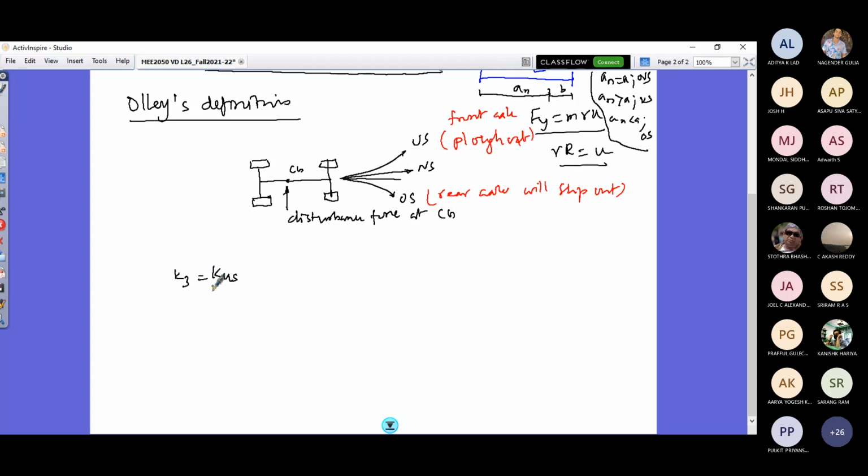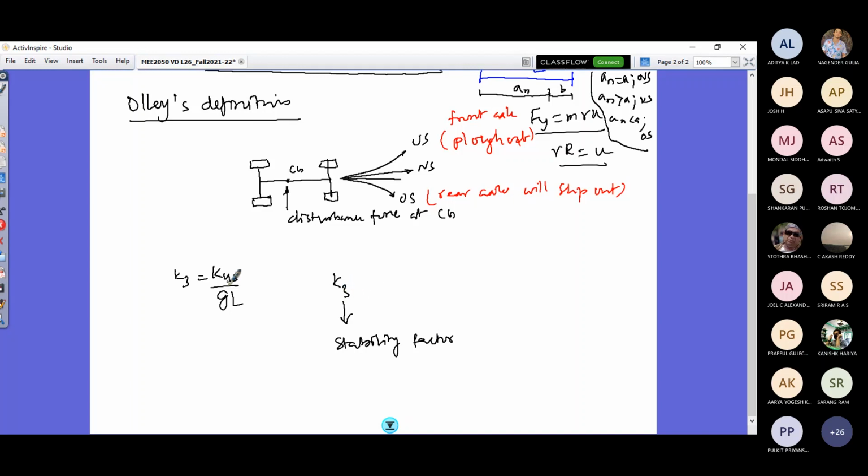K3 equals KUS by GL. You remember. So what is K3 called? Stability factor. We are yet to go and look at the stability of the vehicle. This is called the stability factor. You could see that the constant term in your characteristic polynomial was expressed in terms of this K3.